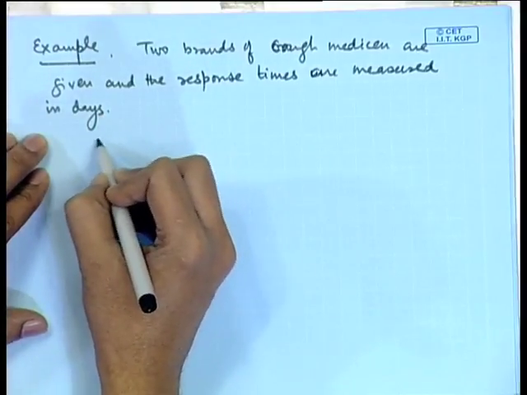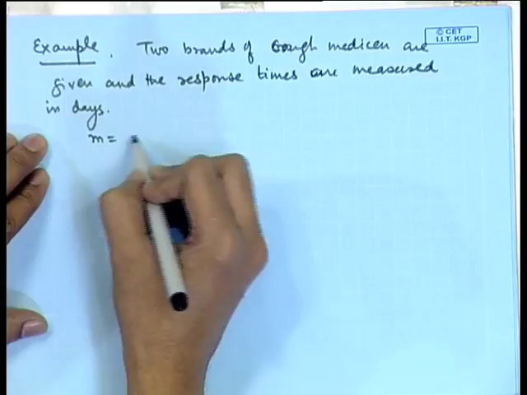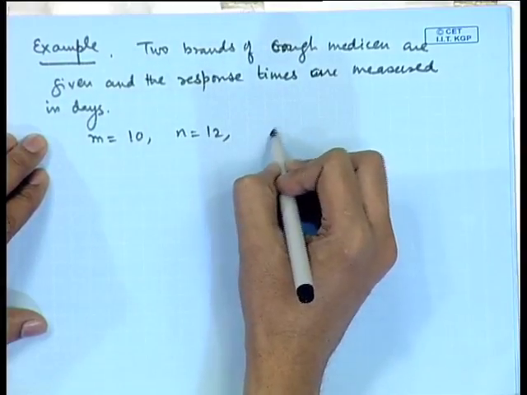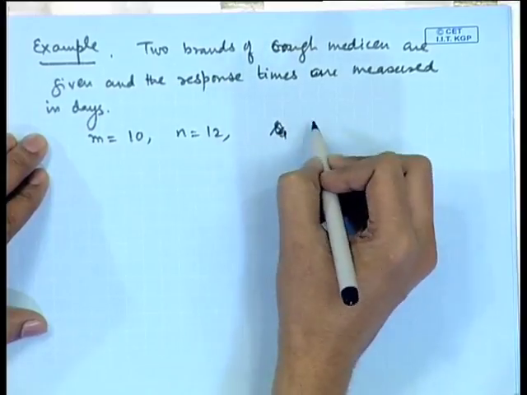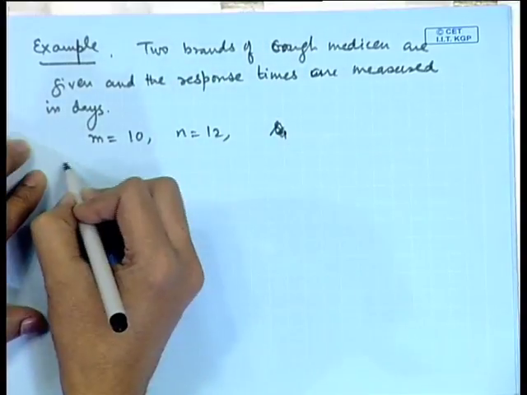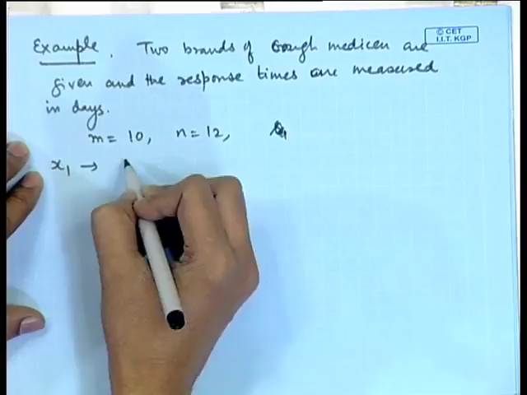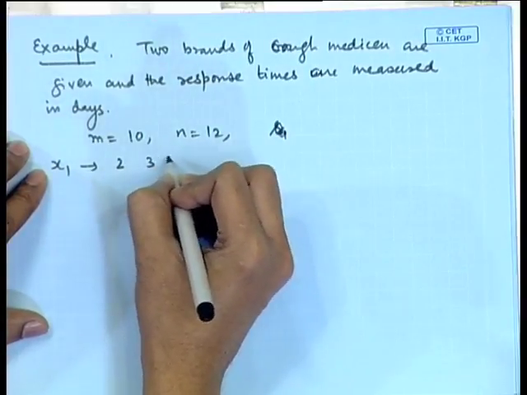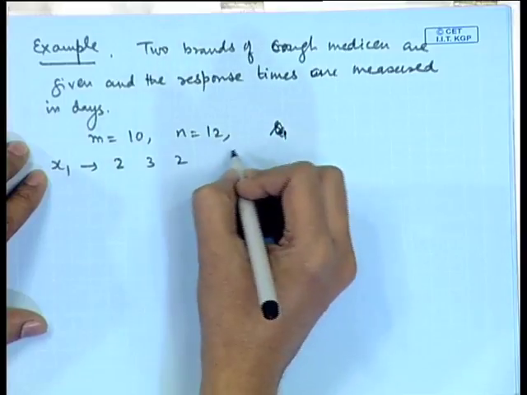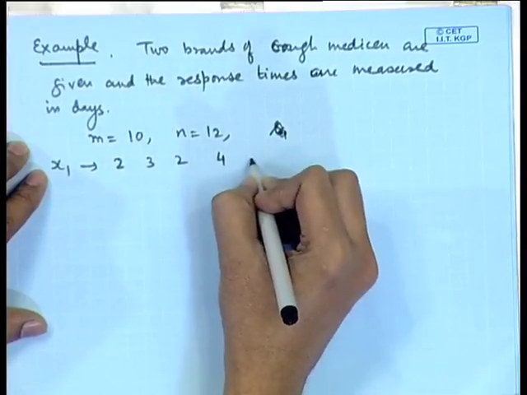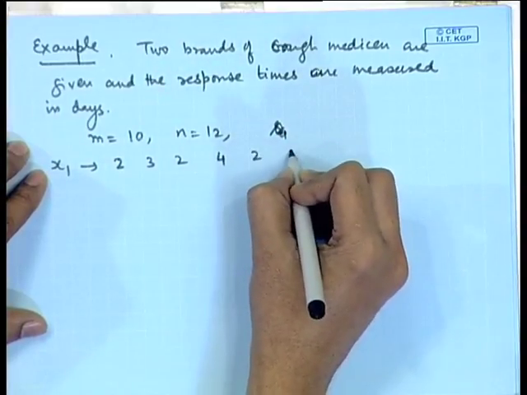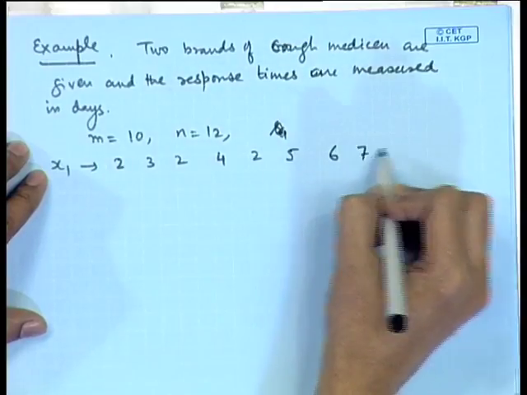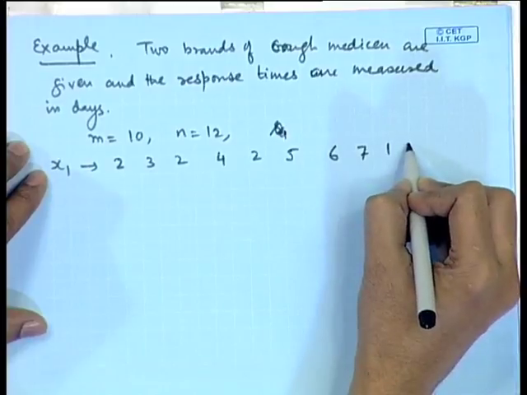So, here we are having the data m is equal to say 10, n is equal to 12, and we are getting the observations as x 1 is equal to say 2, 3, 2, 4, 2, 5, 6, 3, 7 and then 1, 2.